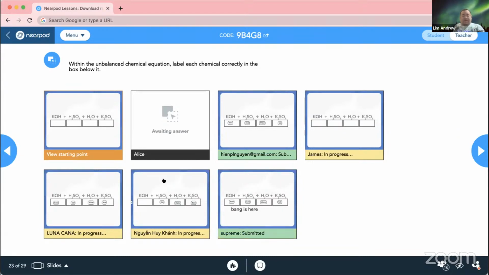All right, we'll give you another 1 minute to finish this. So as long as you see OH or hydroxide, it is a base. If you see the word acid or H in the chemical symbol, it is an acid. Water is H2O, and acid plus base equals water plus salt.